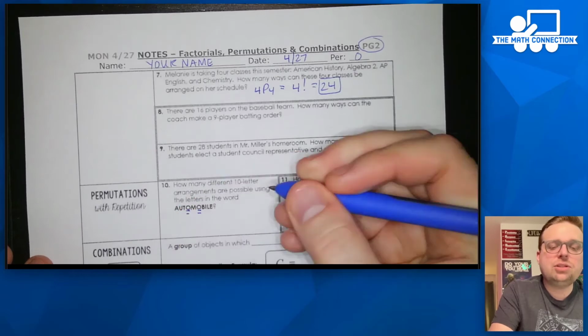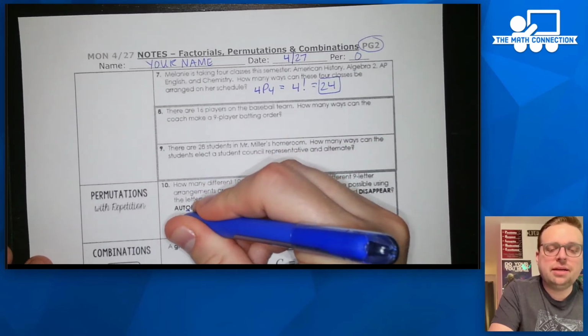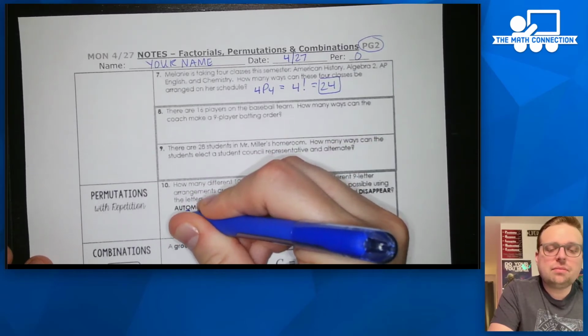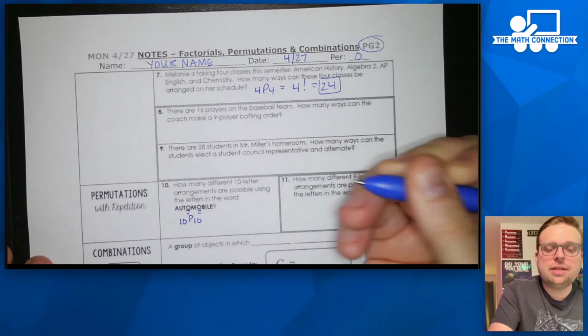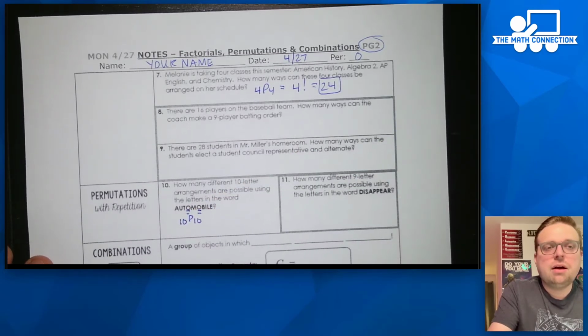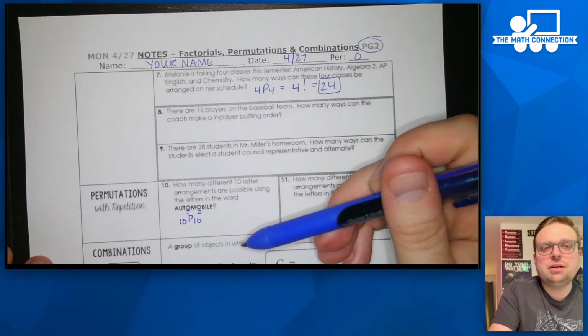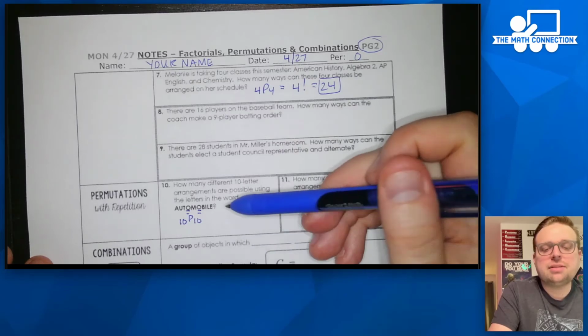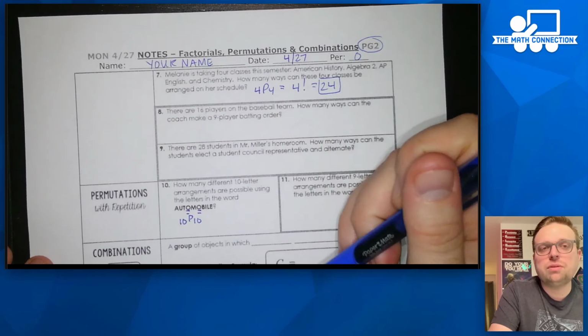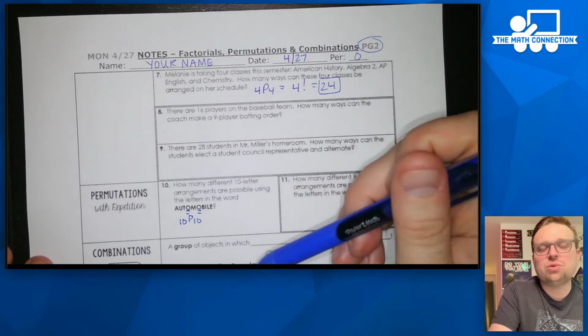So your combination is actually going to be 10P10, okay? And the order matters. That's why it's a permutation, because you don't want any of the letters that have been used already to repeat, except you don't have that choice with O because it's in there twice.